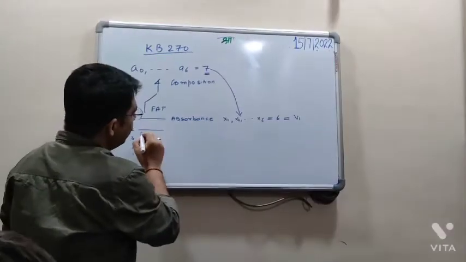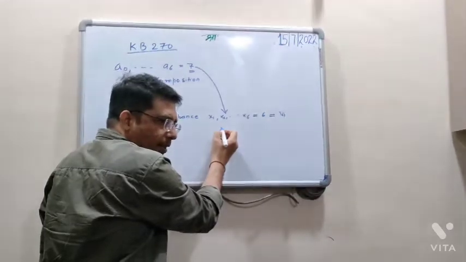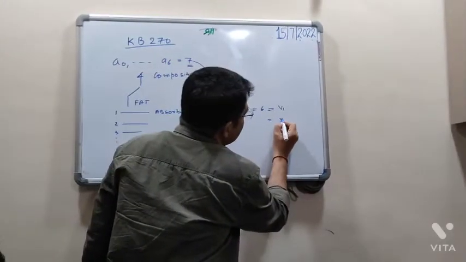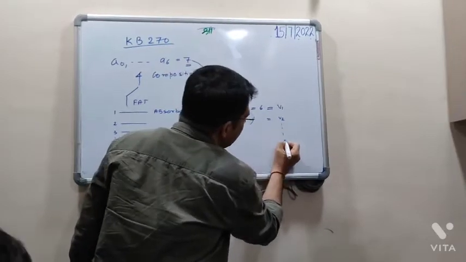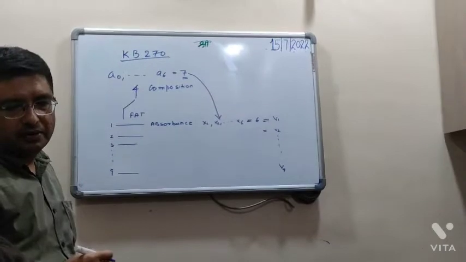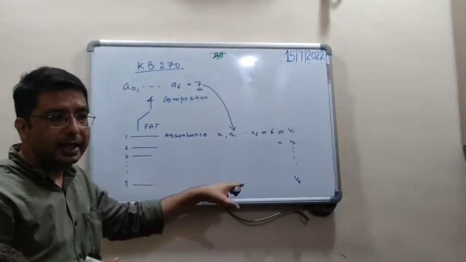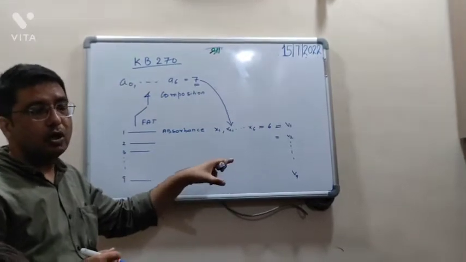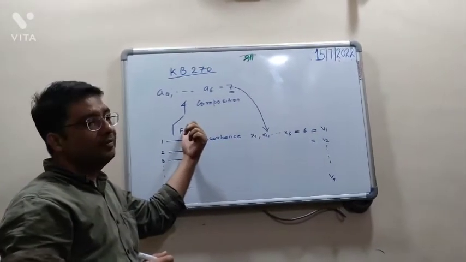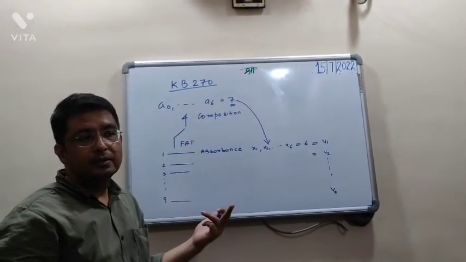Similarly, it will calculate for sample 2 using another absorbance value, and that value I'll say is V2. Similarly, it will calculate up to V9. So how many values are there? 9 values of actual fat, but calculated by the instrument.